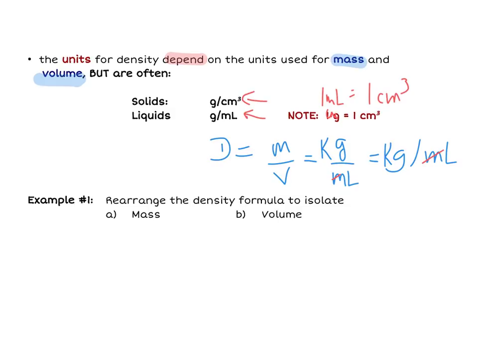We need to be able to rearrange this equation. So let's do that. If I want to write the density formula and rearrange it in terms of mass, then let's start out with the basic equation here. Density is equal to mass divided by volume. So in this case, I want to get my mass all by itself.